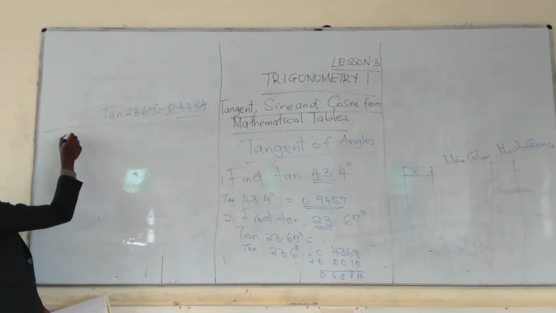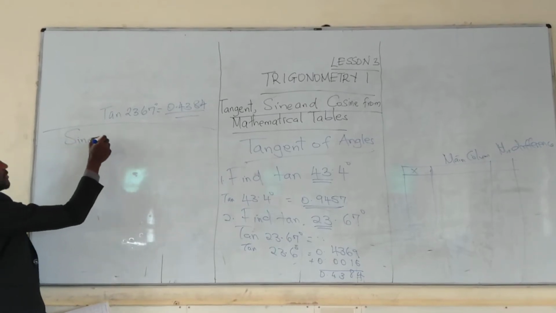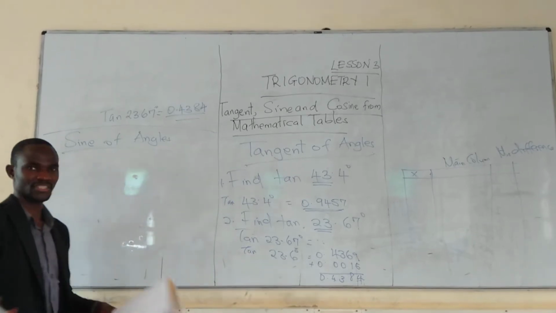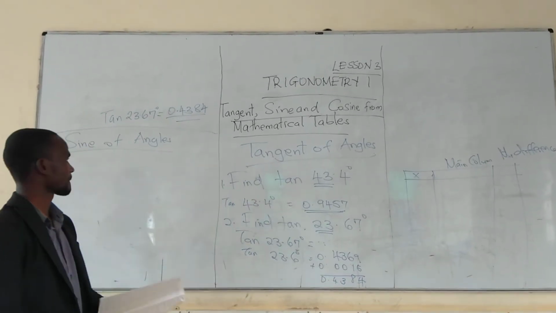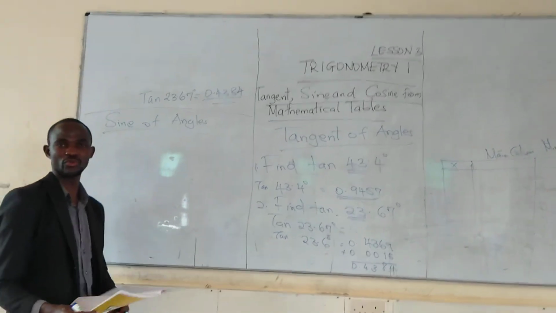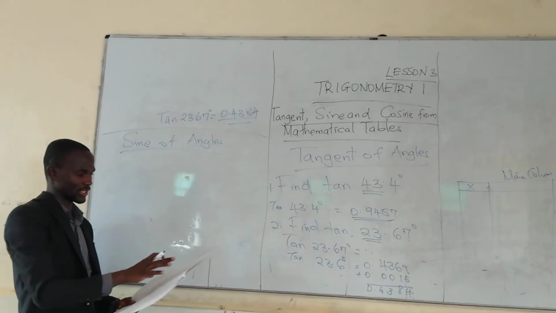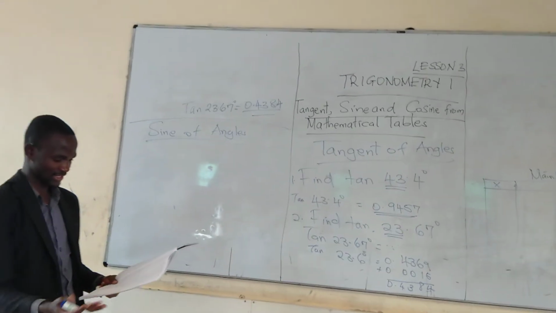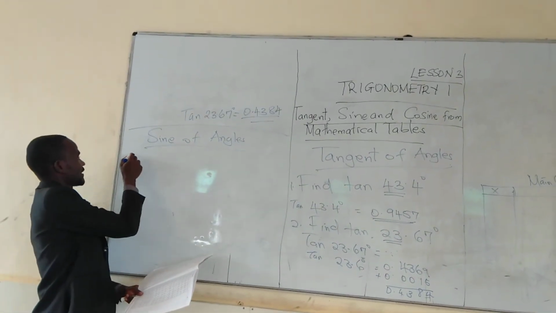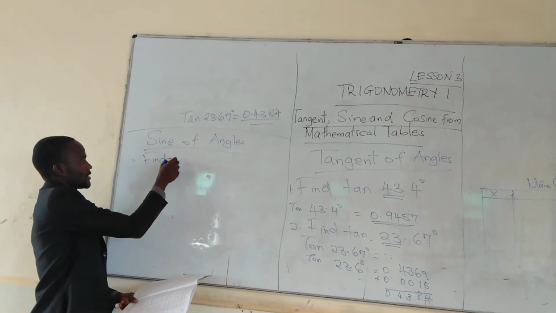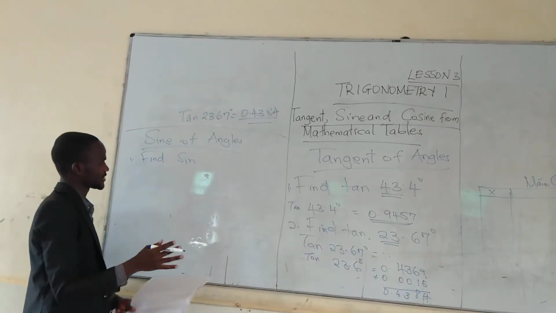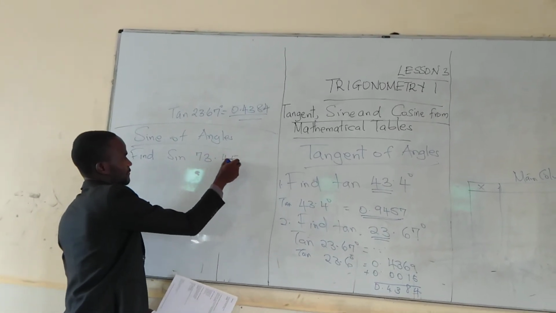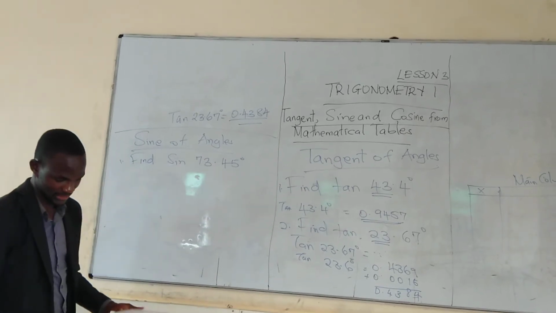If we are looking at sine of angles from the tables, the same procedure applies. We will just go to where they have written natural sine. So, let's say for example, we take something like find sine 73.45 degrees.